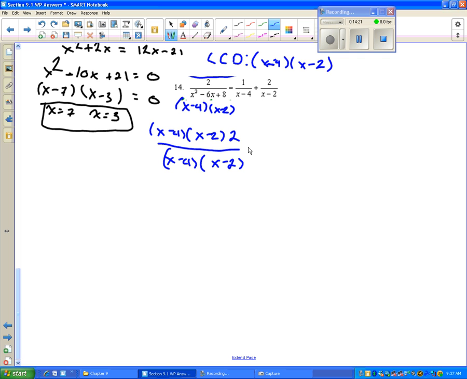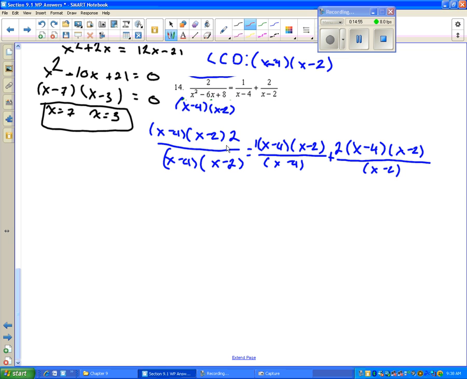That was this here, is equal to, distribute my LCD to both of these, and I'm going to get 1 times x minus 4 times x minus 2 over its denominator of x minus 4, plus 2 times x minus 4 times x minus 2 over x minus 2.